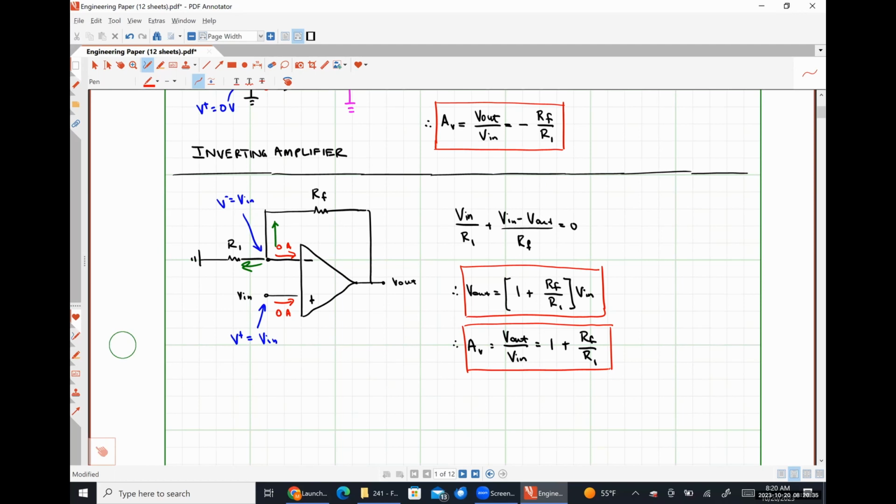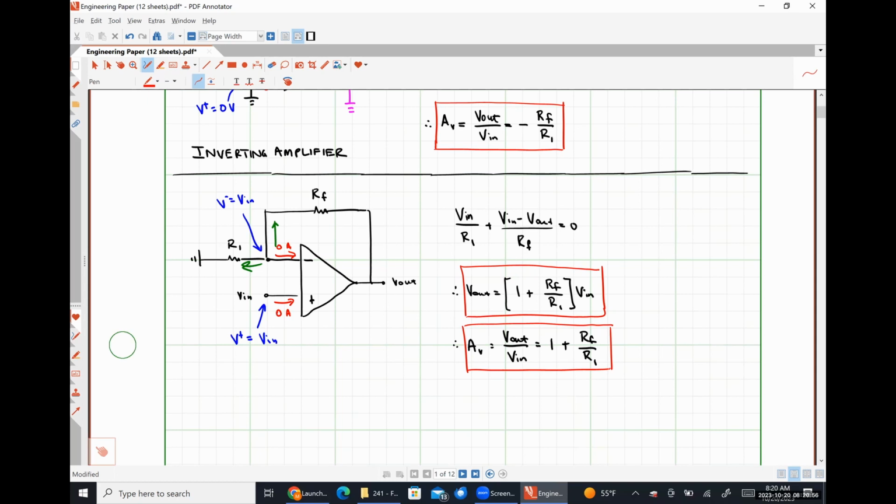This amplifier is incapable of attenuation because even if Rf were 0, a short circuit, and R1 were infinity, an open circuit, the smallest our gain could ever be would be 1.